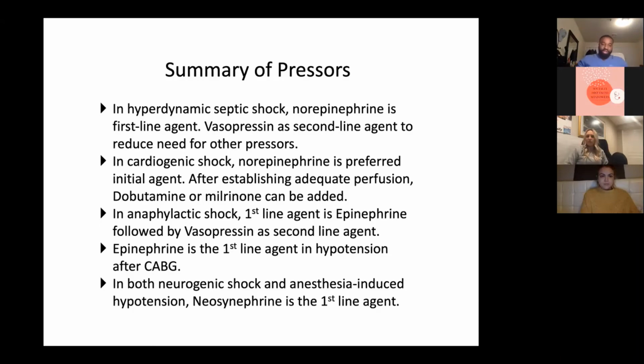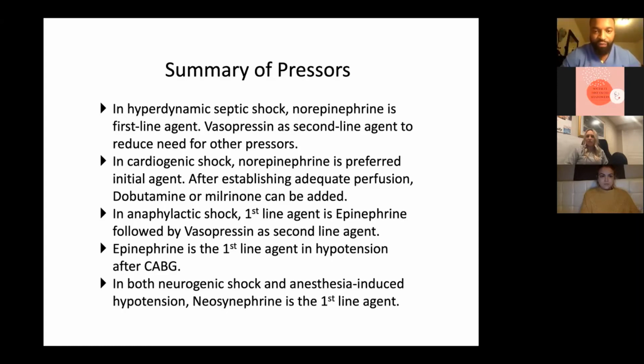In anaphylactic shock, the first-line agent is epinephrine, followed by vasopressin as a second agent. Epinephrine is the first-line agent in hypotension after CABG. In both neurogenic shock and anesthesia-induced hypotension, Neo-Synephrine, which is phenylephrine, is the first-line agent.